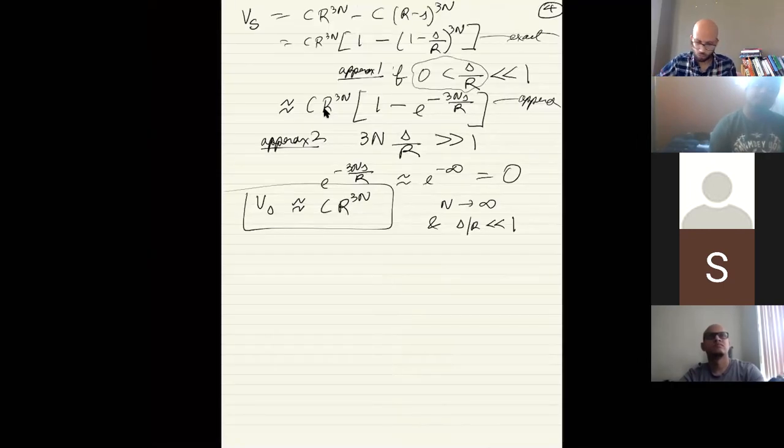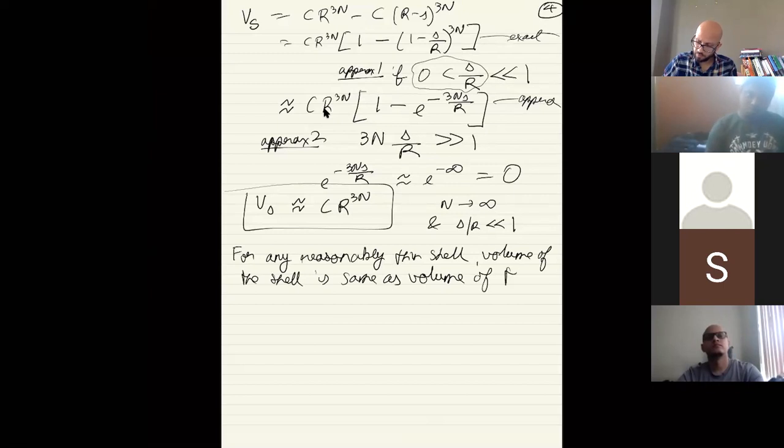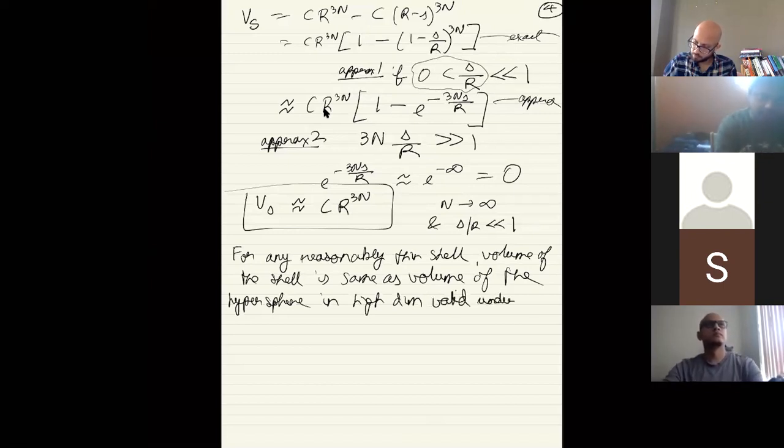In other words, what we have just shown is that for any reasonably thin shell, the volume of the shell is the same as the volume of the hypersphere in high dimensions, which are valid under thermodynamic limit.